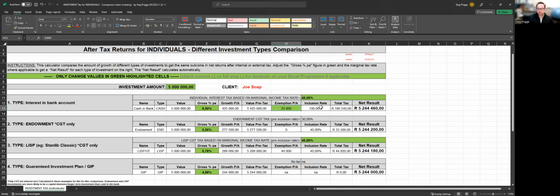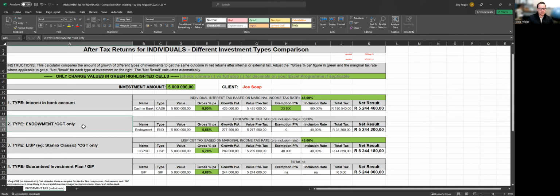You get an exemption of 23,800, and the inclusion rate means the full amount of growth that you get gets taxed. And the total tax, after we've removed the exclusion or the exemption and we taxed it at 45%, gives you a 5,244,460 Rand result.